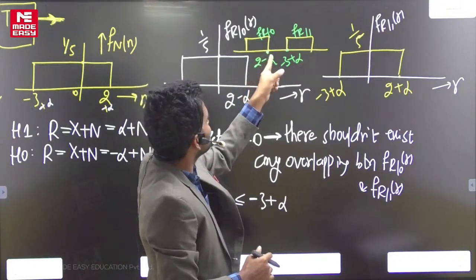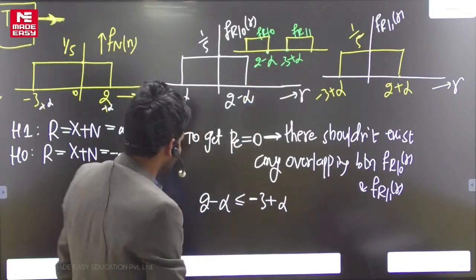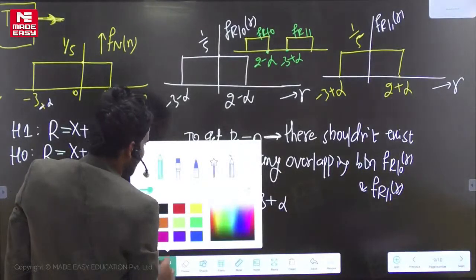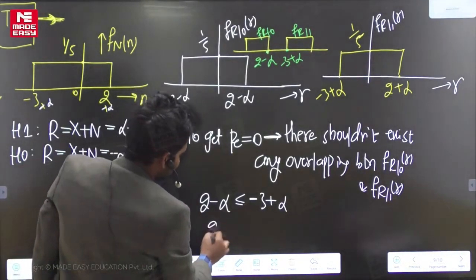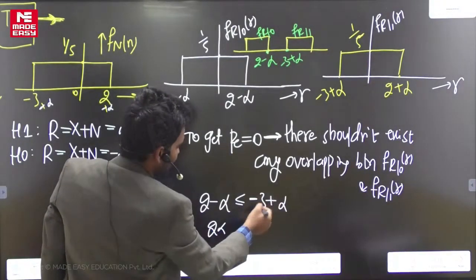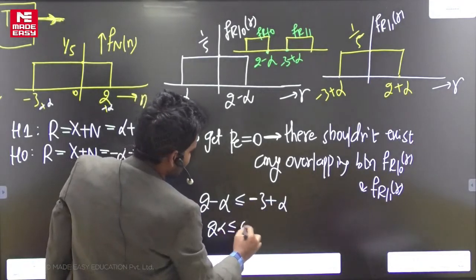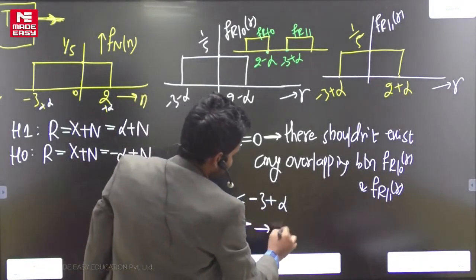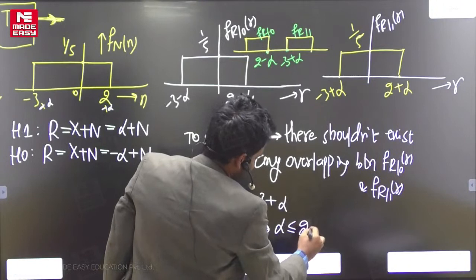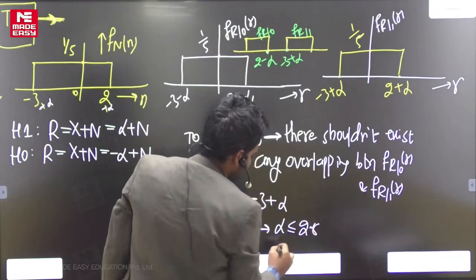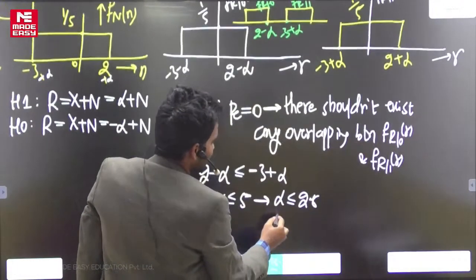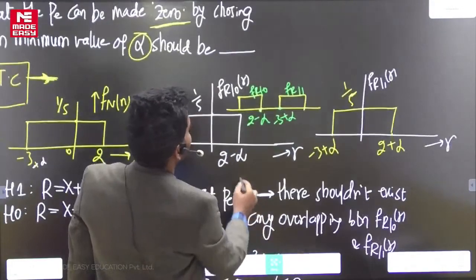So from this, 2 alpha is less than or equal to 5, so alpha should be less than or equal to 2.5.